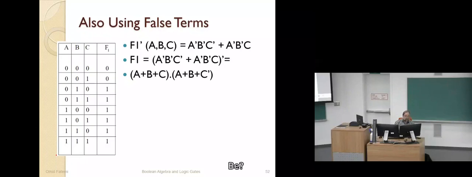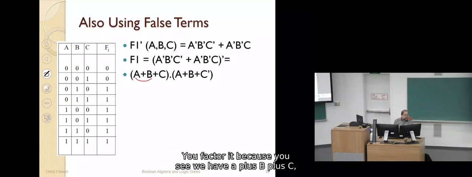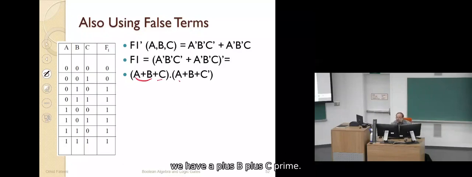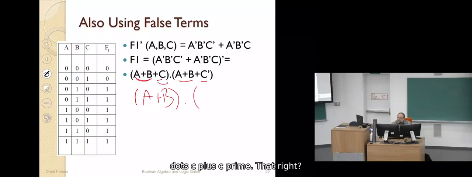Oh, you distribute. Exactly, you factor it, because you see we have A plus B plus C and A plus B plus C prime. So we could use A plus B, so it would become A plus B and dot C plus C prime.